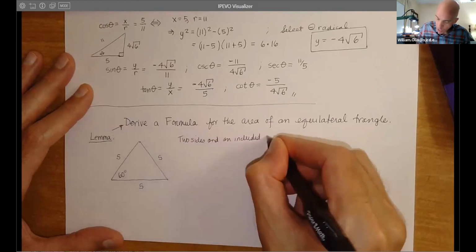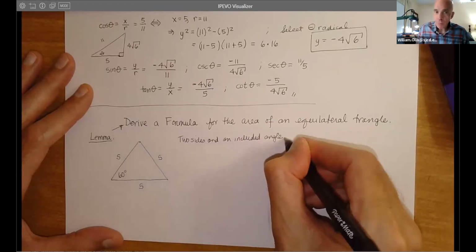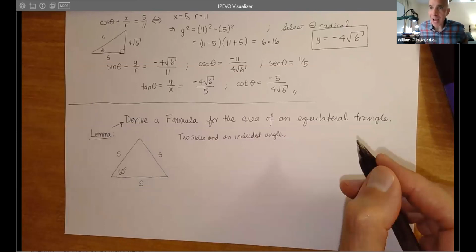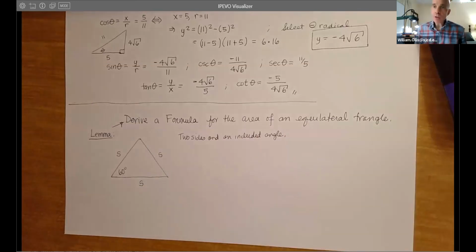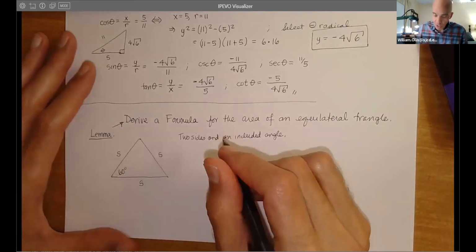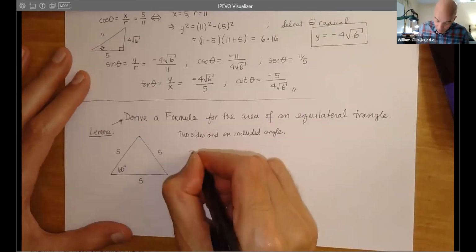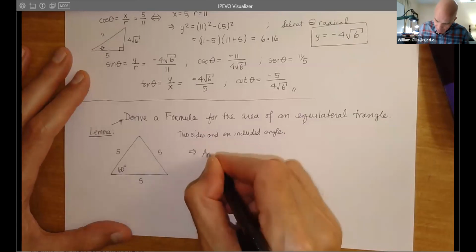Now, of course, we can use other procedures here, but since we went ahead and derived a formula for the area of the triangle using trigonometry, let's use it. So this implies area. So now this is easy.